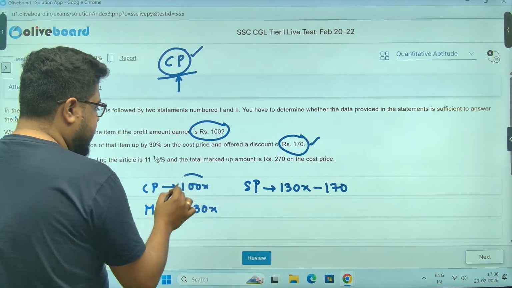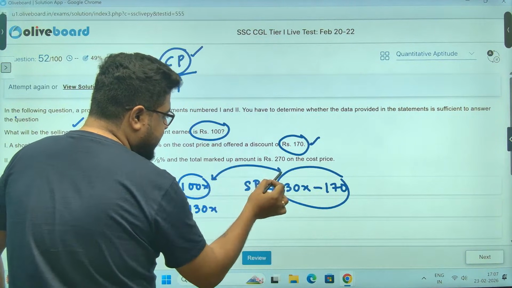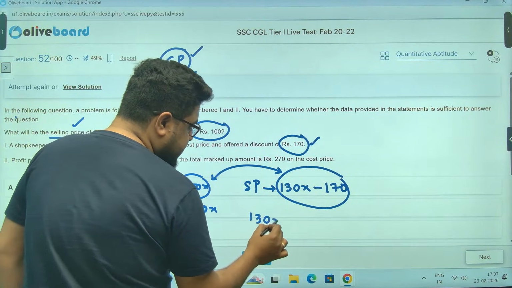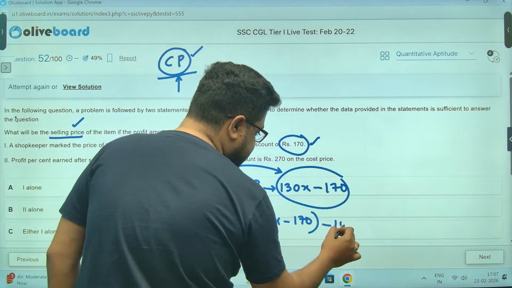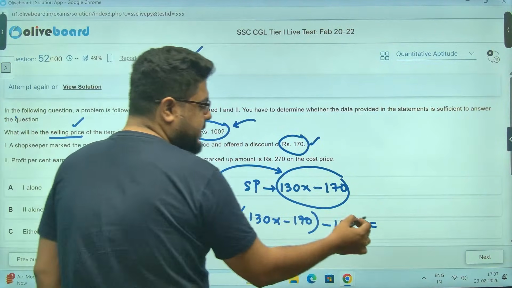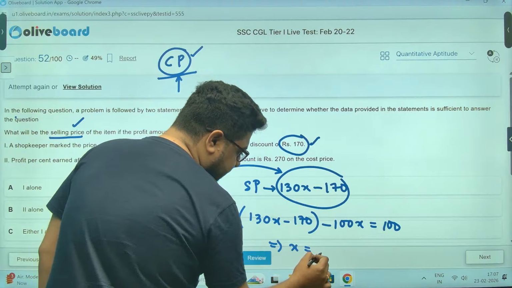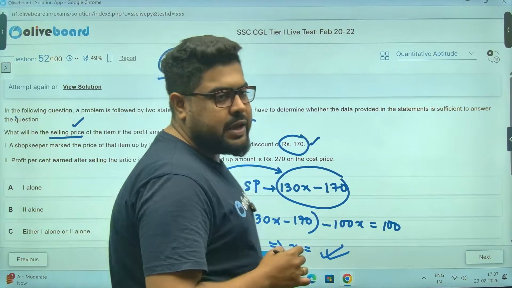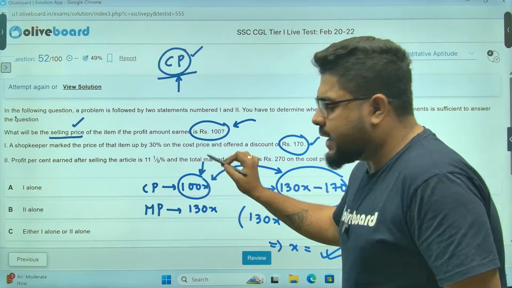I know CP and SP, I have got this. And if I take the difference between them, so 130x minus 170, this is SP, minus CP 100x, that has been given to us as the profit of 100. So I don't need to calculate, but if I calculate, I will be able to get x. And if I am able to get x, I am able to get 100x, meaning I can find CP.